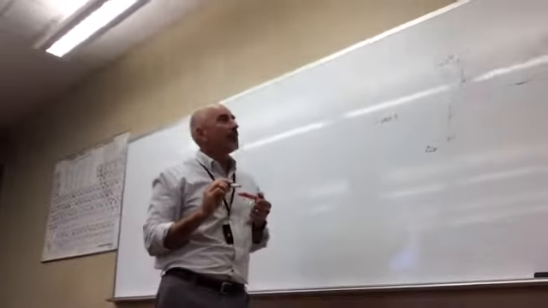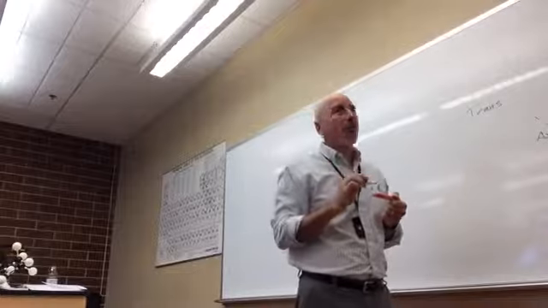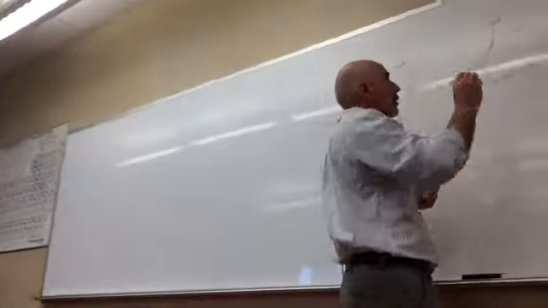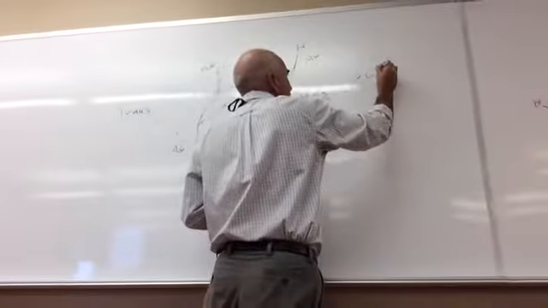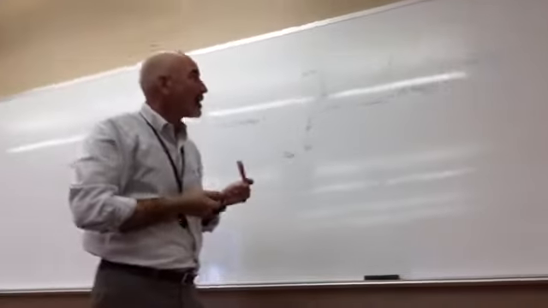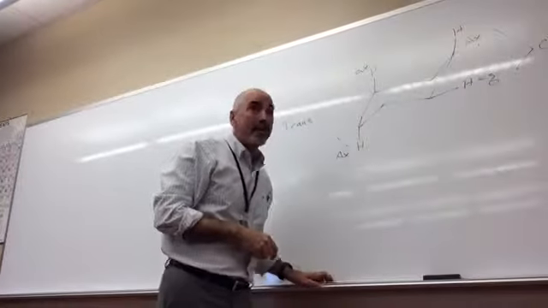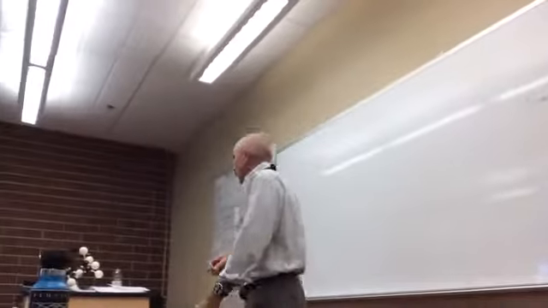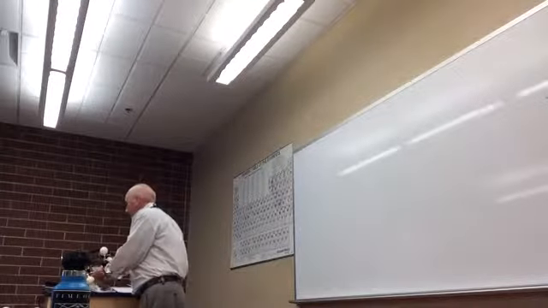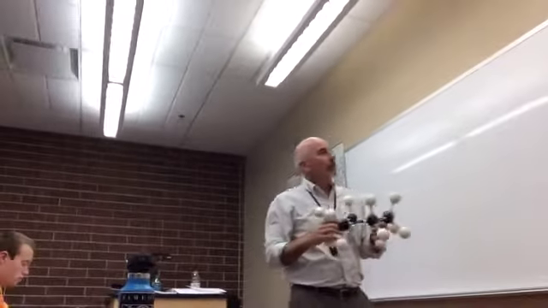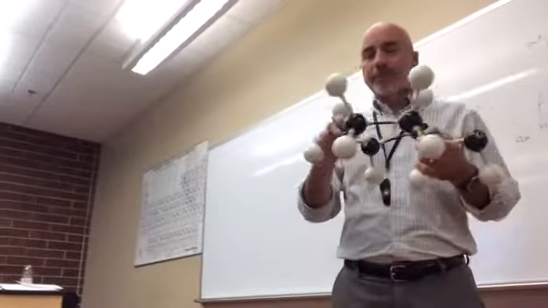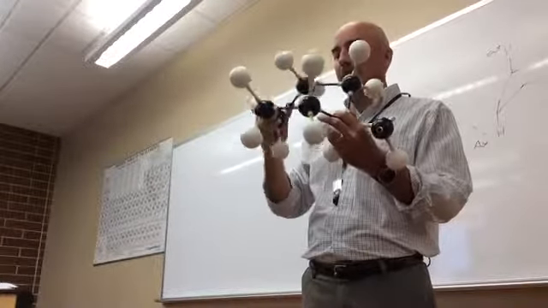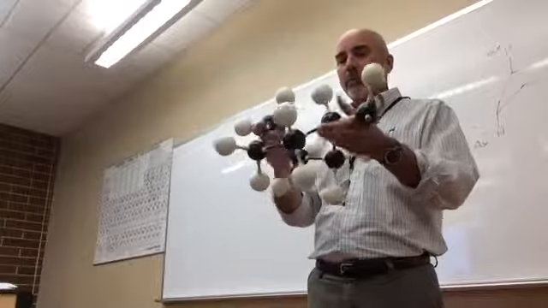Now you're not going to believe me, but unless you look at the drawings, look at the models, these are cis from each other, meaning they're actually on the same side of the ring. Okay? So you might need the models on this. I'll flip it over. There we go. That's better.